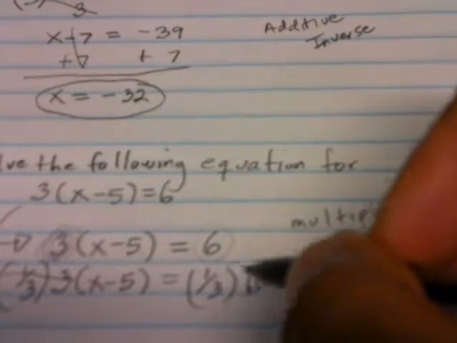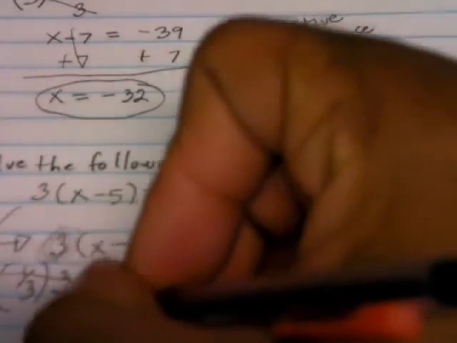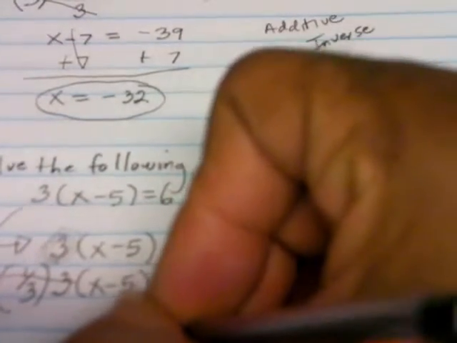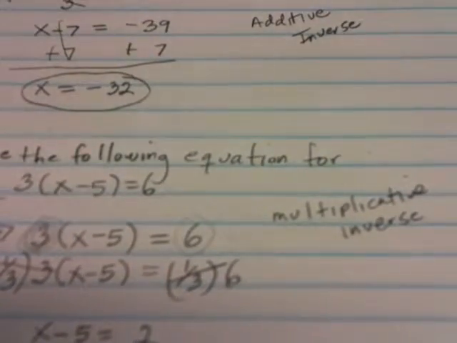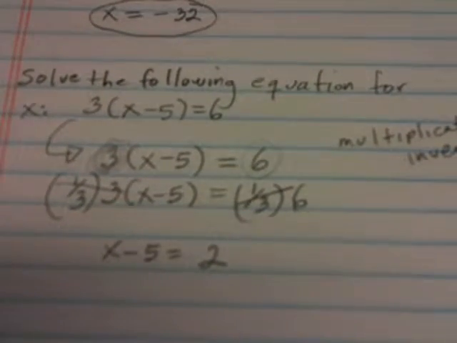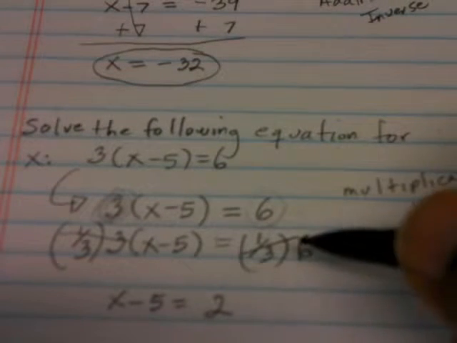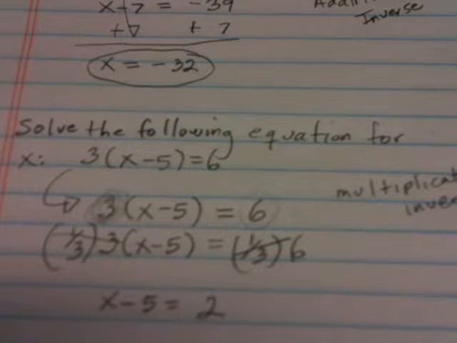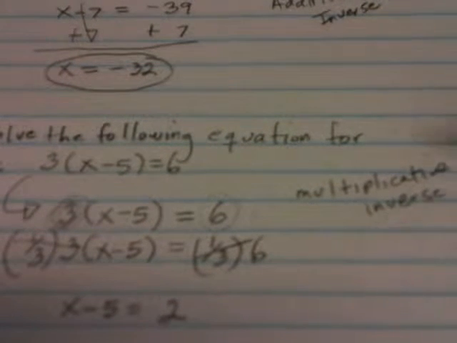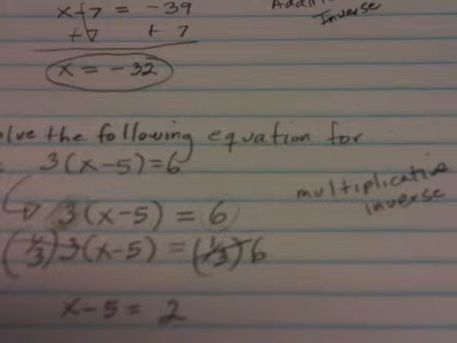This becomes 1/3 of 6, which is 2. So you have x minus 5 equals 2. You see how easy that is? It's almost the same thing as using the properties, but using an inverse, it's just the opposite operation.